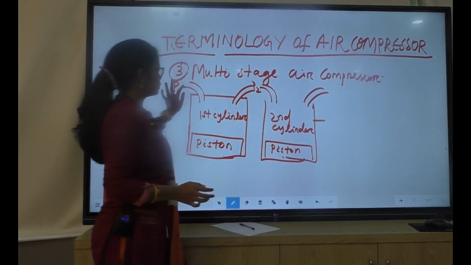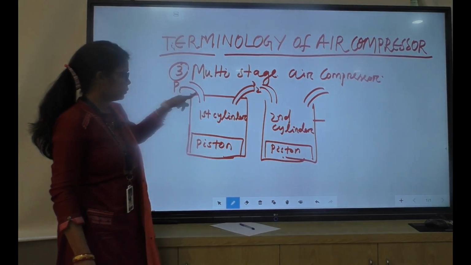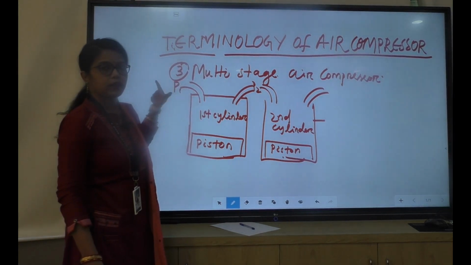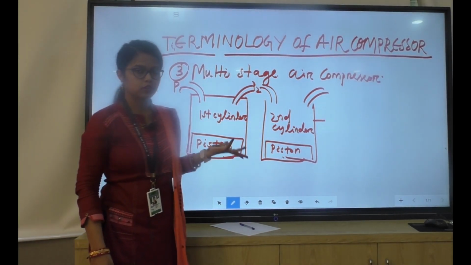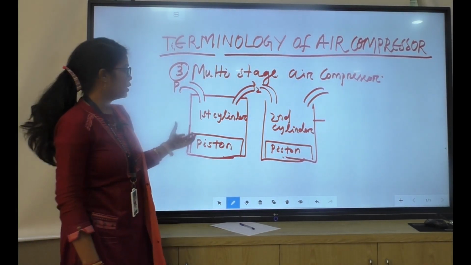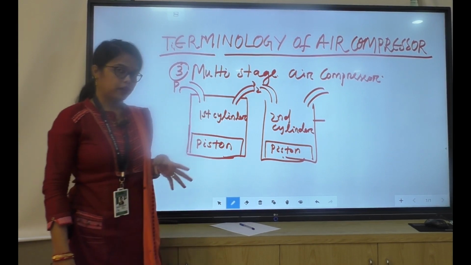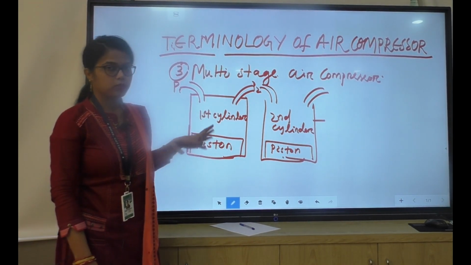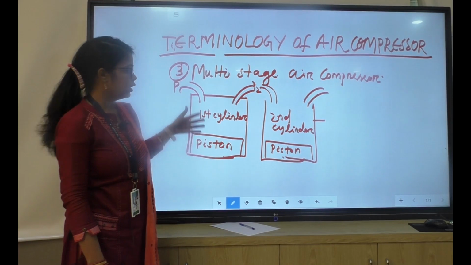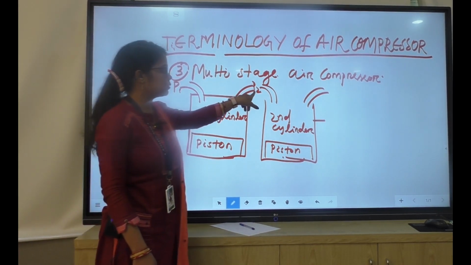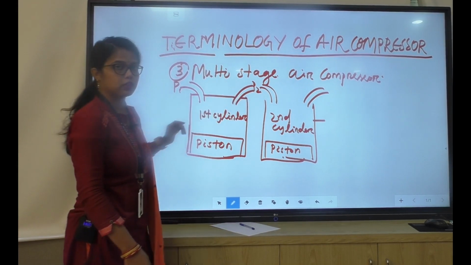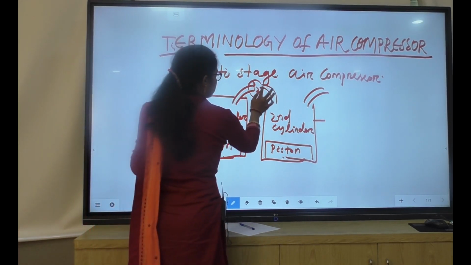Suppose this is the inlet for cylinder 1, that is, air is entering at atmospheric pressure into the first cylinder, and as per the pressure ratio maintained in the cylinder, this first cylinder will compress the air up to a certain pressure, that is P2.